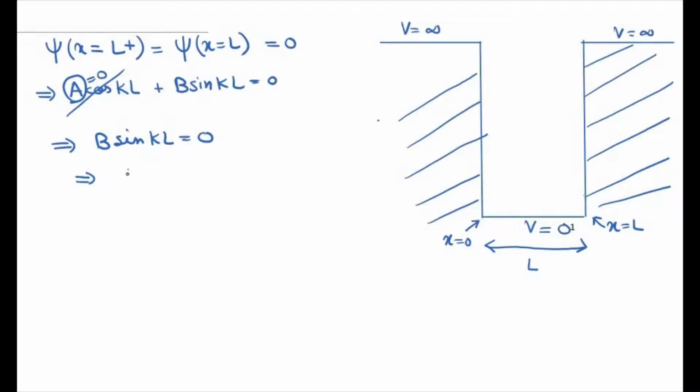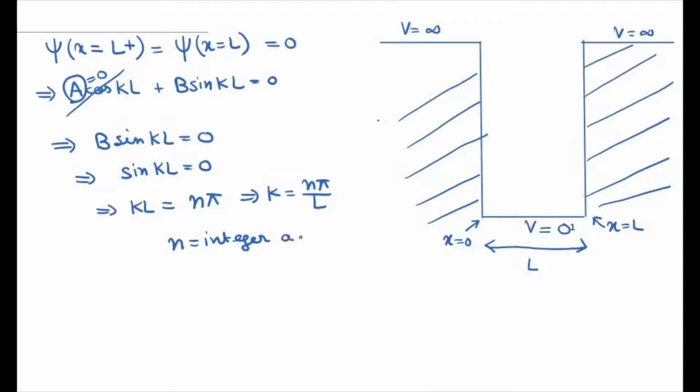So sin kL should be equal to 0, which means that kL is equal to n pi, and k is equal to n pi divided by L, where n is an integer and n is not equal to 0. If n is equal to 0, then the wave function is 0 everywhere. That is a mathematical solution, but not a valid solution. So n is not equal to 0.